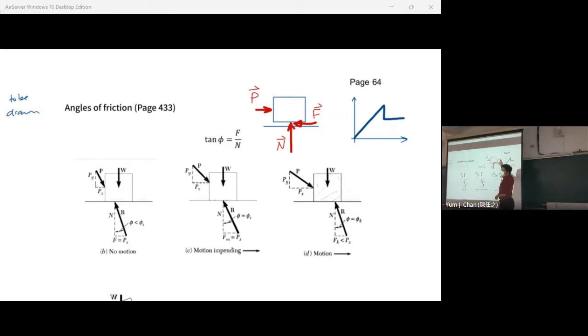F. And how about that one? P. Here we have the maximum is mu s times N, and this one is mu k times N. So remember the shape of this curve. This is mu s times N, and this is mu k times N. The y-axis is F and the x-axis is P.